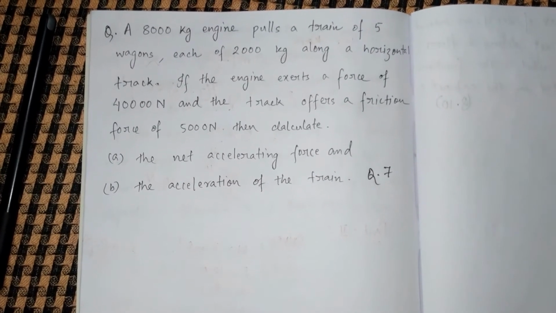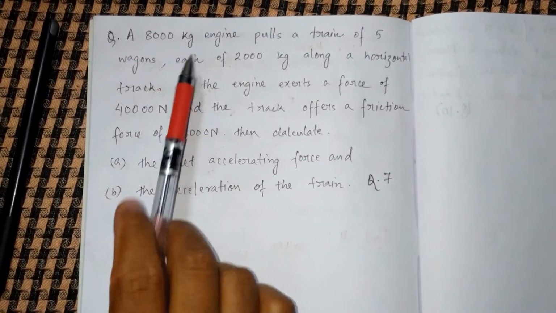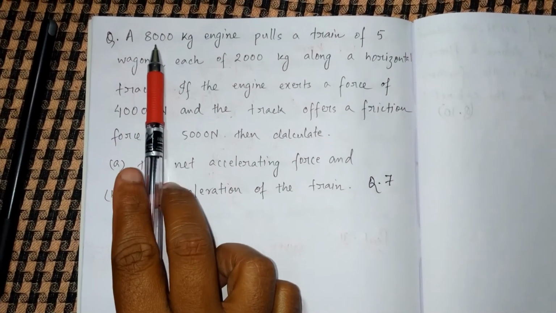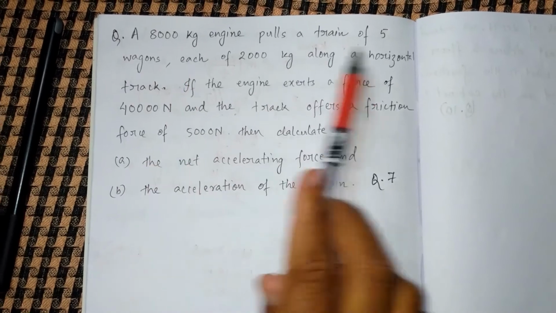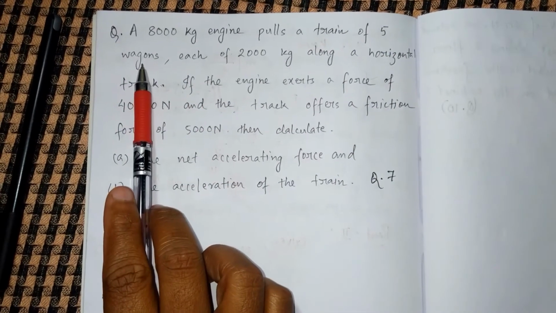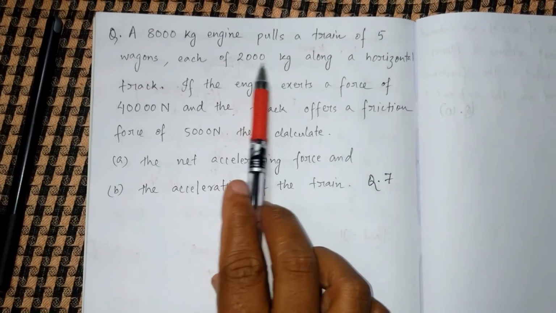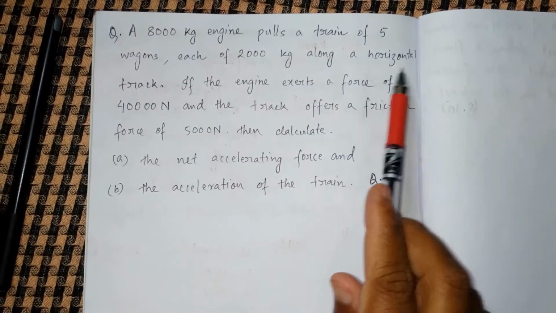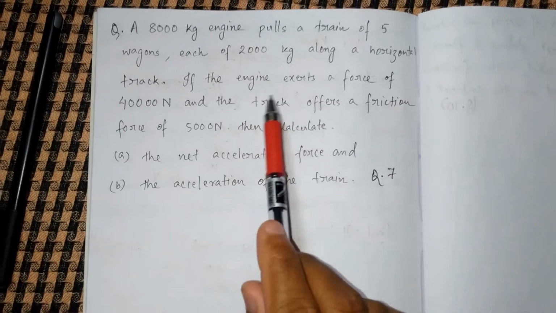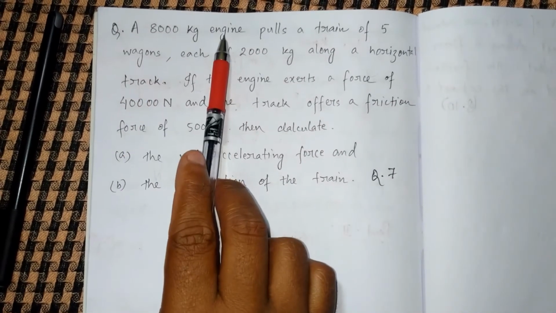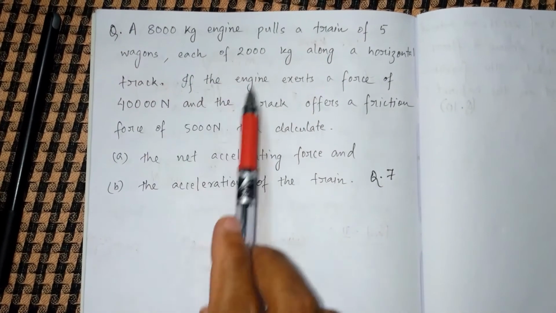So here the weight of the engine is given. This is 8,000 kilogram, and 5 wagons are there, okay. Then the weight of each wagon is 2,000 kg.